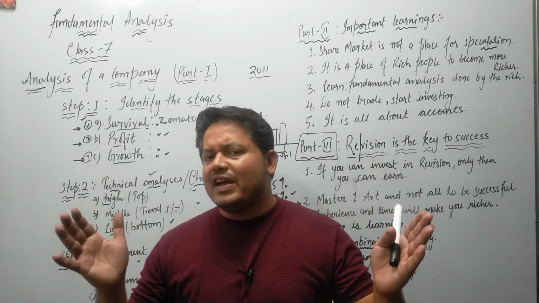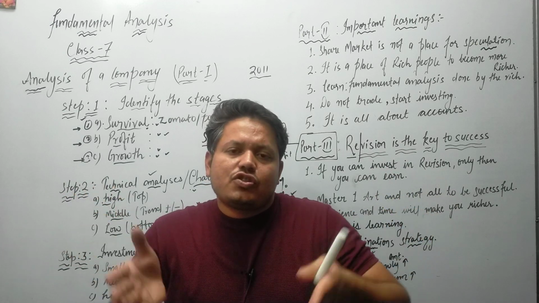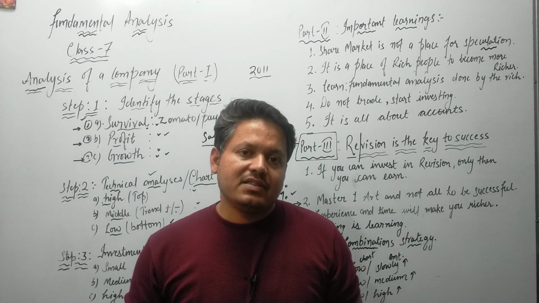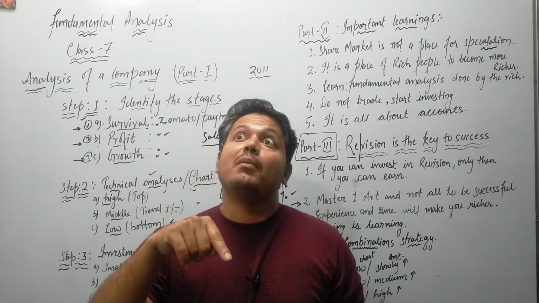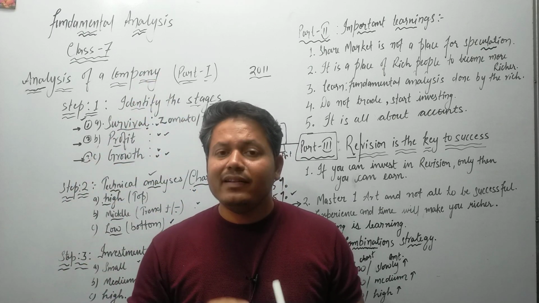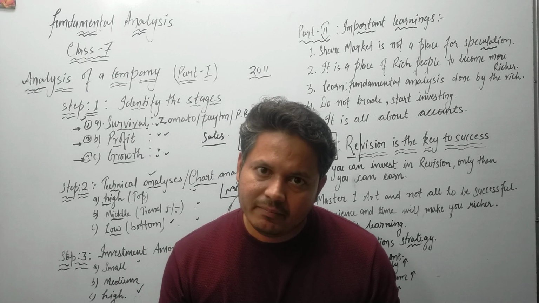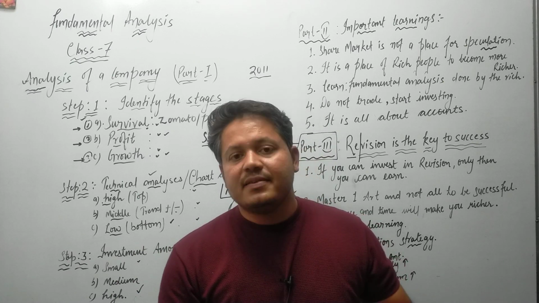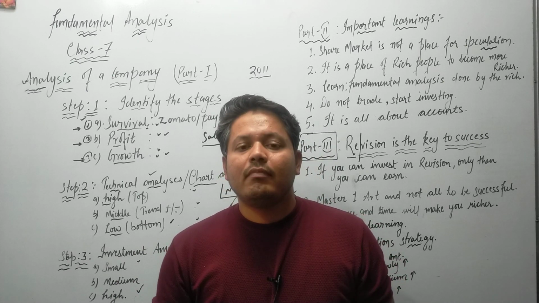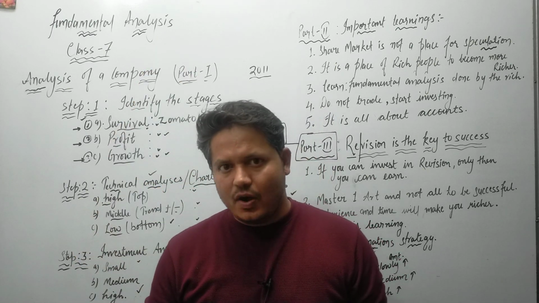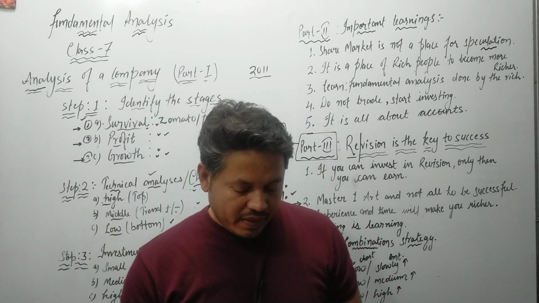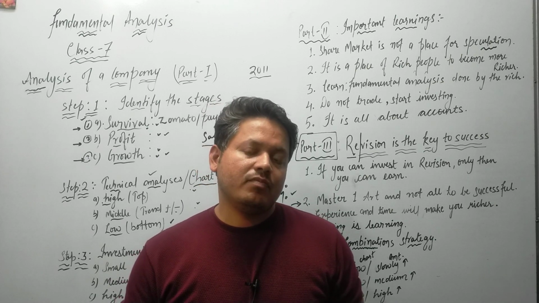Because if you invest in 10 stocks hoping they become multi-baggers, they are not going to. Only one will become a multi-bagger, and the others will become beggars. Okay, so think about this.